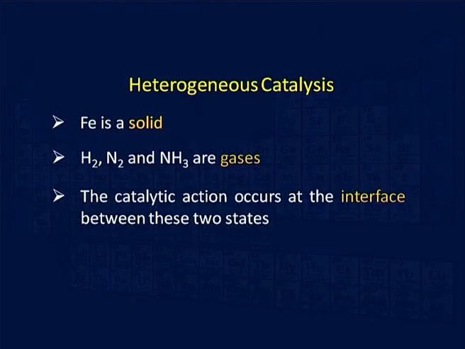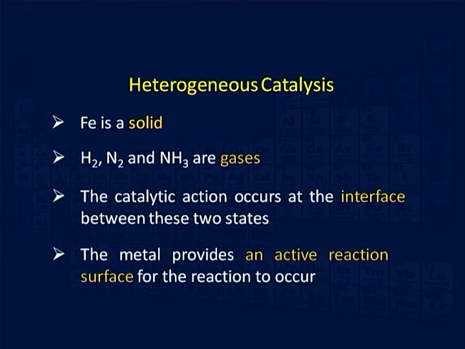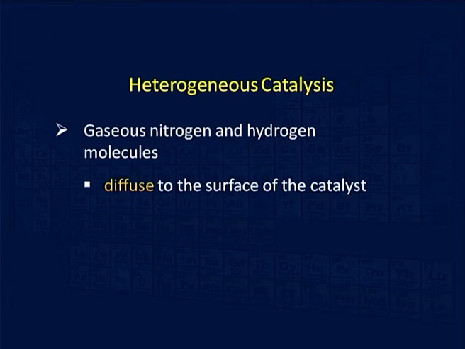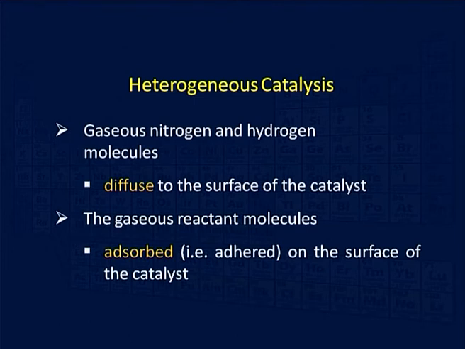The catalytic action occurs at the interface between these two states. The metal provides an active reaction surface for the reaction to occur. Gaseous nitrogen and hydrogen molecules diffuse to the surface of the catalyst, and then the gaseous reactant molecules are adsorbed, that is adhered, on the surface of the catalyst.